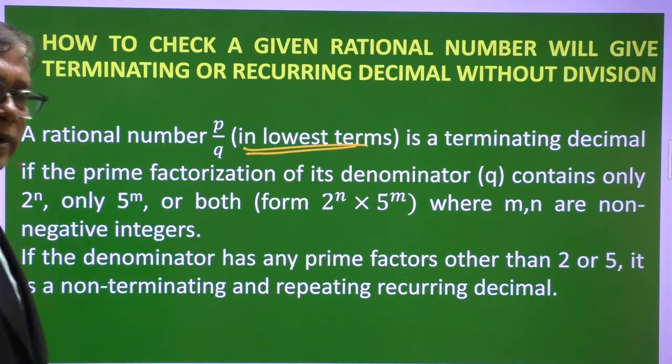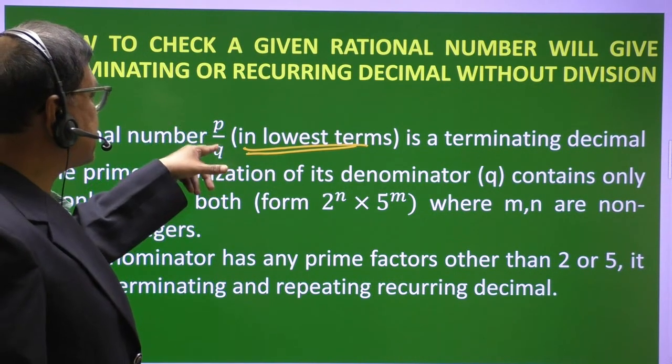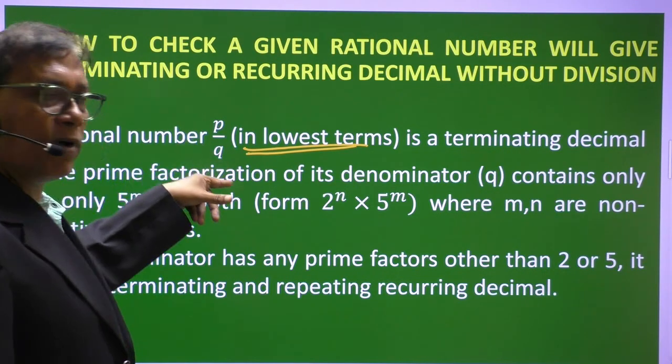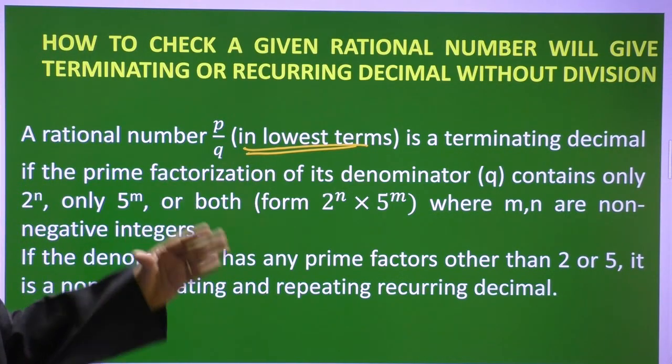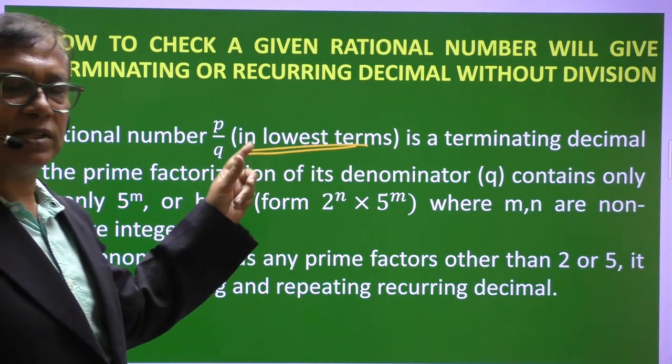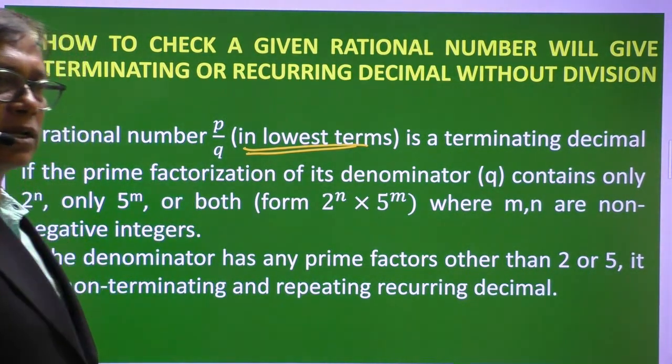Before checking the denominator, first we have to see whether the given rational number in p by q form is expressed in the lowest form or not. If it is not, first we have to express it in the lowest form. Then we will proceed to check the denominator q.